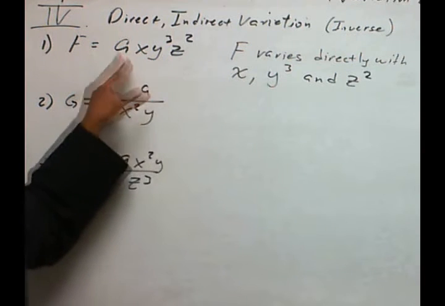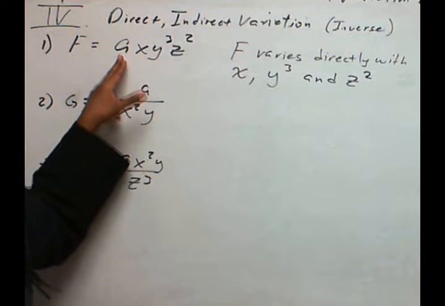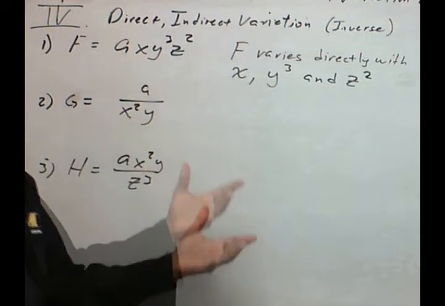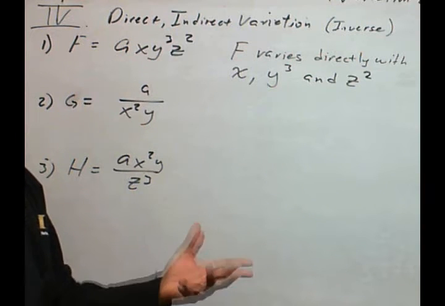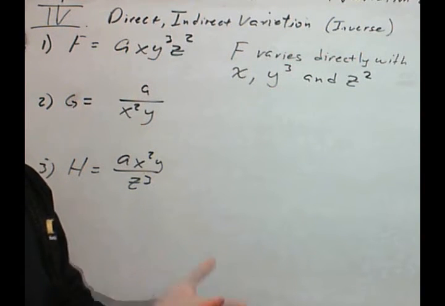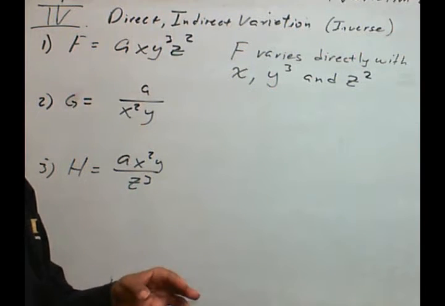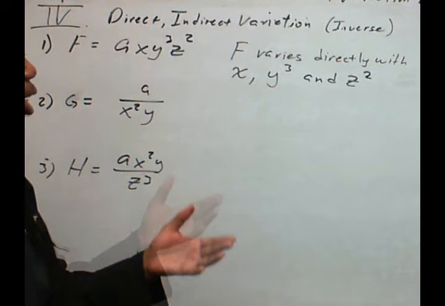Then always include the constant. Here I represent the constant as A, but you can represent the constant as any letter. Typically we represent constants with the first letters of the alphabet, A, B, and C. We tend to represent variables with the last letters of the alphabet, X, Y, and Z.